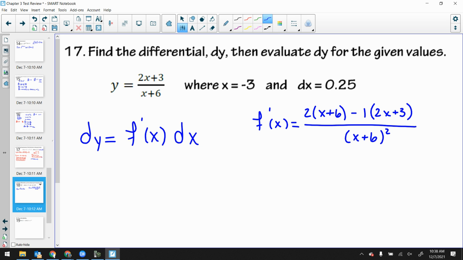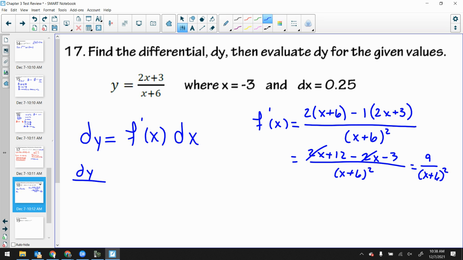Simplify down, which is 2x plus 12 minus, distribute in the negative, 2x minus 3 over x plus 6 squared, which gets us down to 9 over x plus 6 squared. So dy, oops, not over dx, that's a habit, is equal to 9 over x plus 6 squared dx.